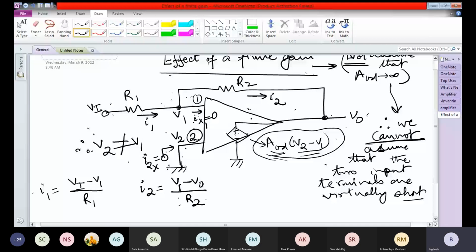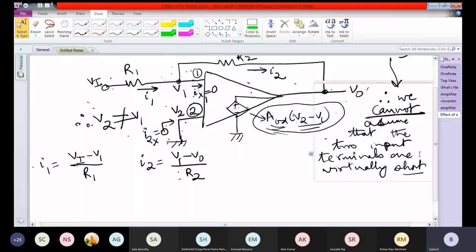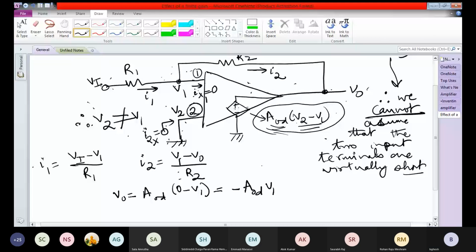And we know that I1 equal to I2. That too you know, because the input resistance is still infinite. And V0 is given by AOD times V2 minus V1. V2 is 0 and V1 is V1. So it is given by minus AOD times V1. So the V1 is otherwise given by minus V0 by AOD.